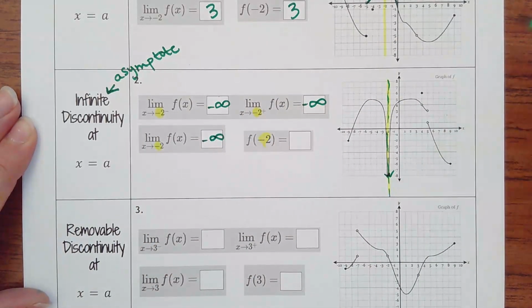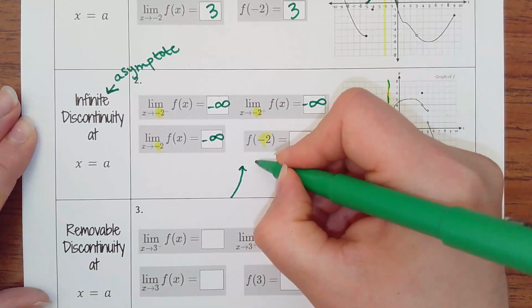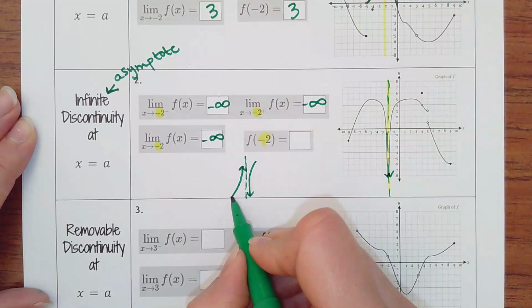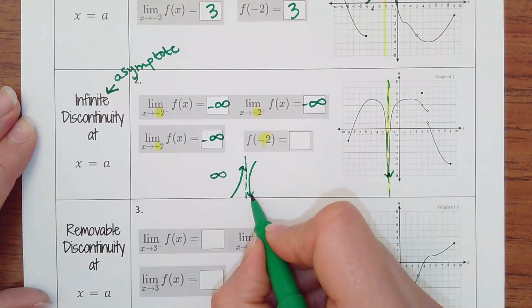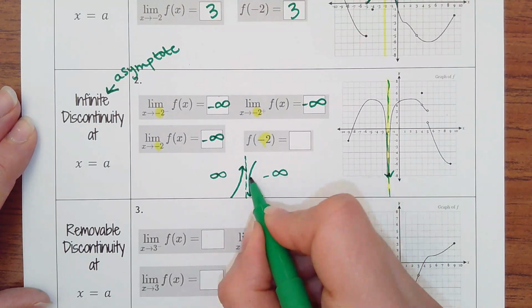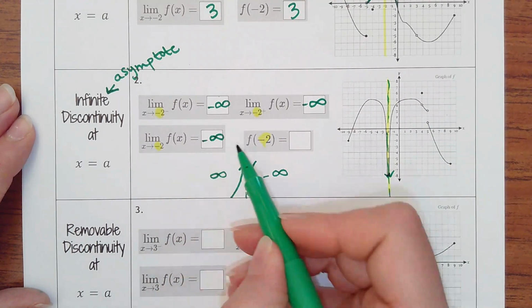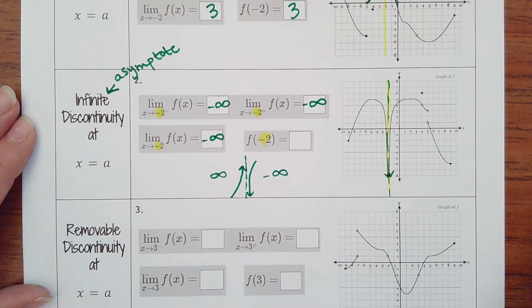But let's say one end went up and one end went down, and you still had a vertical asymptote. I would say the limit from the left is positive infinity because y's are going up. This end would be -infinity because they're going down. Then for the general limit, I would put does not exist because they're not going the same direction.